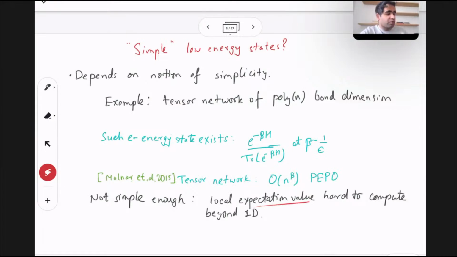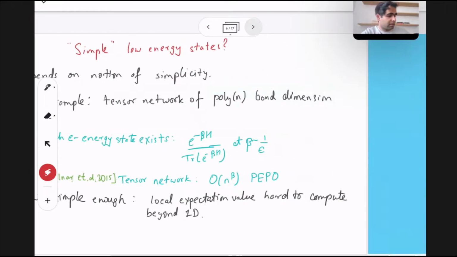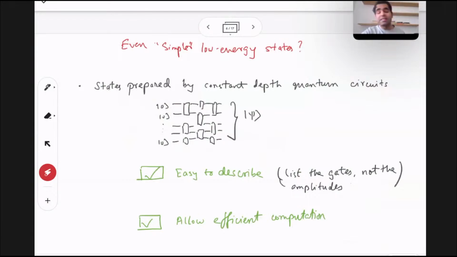Because it's hard to motivate a tensor network from a computational point of view. Our notion of simplicity will be even simpler and in fact much more practical, I guess. And this notion of simplicity is a class of quantum states that we will call states that can be prepared by constant depth quantum circuits. So in this picture, I have described an example of that.